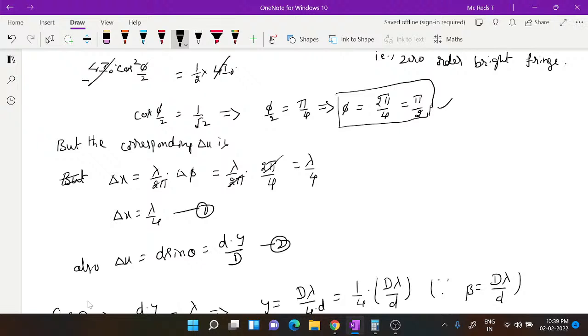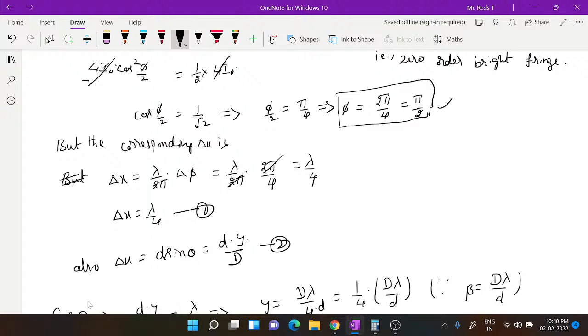Let us take this as equation 1. But again, you want to find the minimum distance at that point, so we have to get a relation involving y. We also know that path difference delta x is equal to d sin theta. For small angles, sin theta is equal to tan theta is equal to y by D. So we can write delta x is equal to d y by D, here we have the path difference in terms of y.